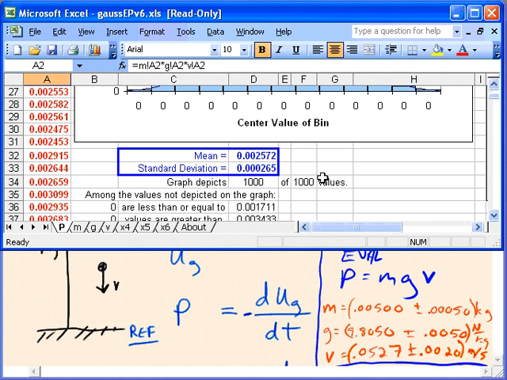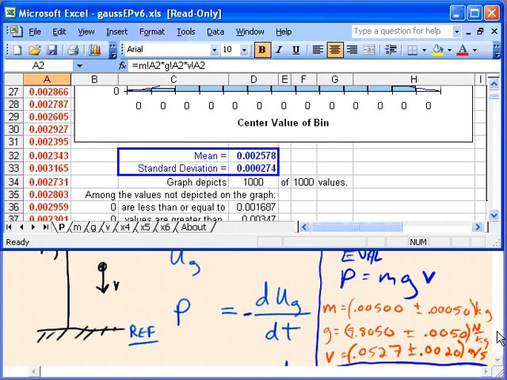Point triple oh 28, point triple oh 26, 29. So we got 26, 27, 28, and 29 so far. 27, 28, 27 again. Seem to be getting 27 most times, so I'll call it point triple oh 27.